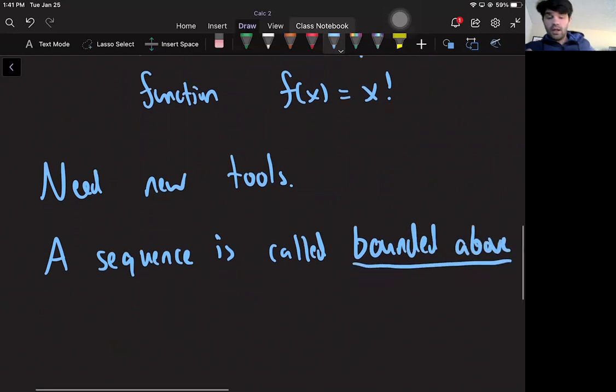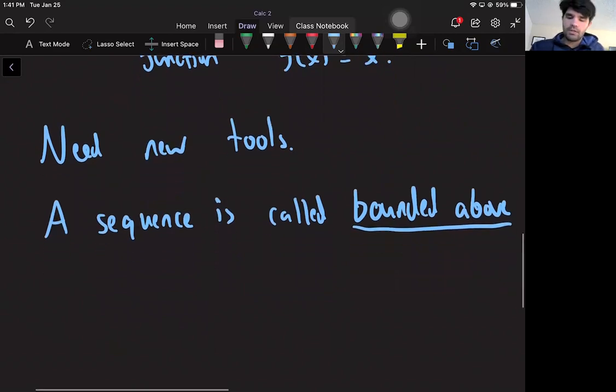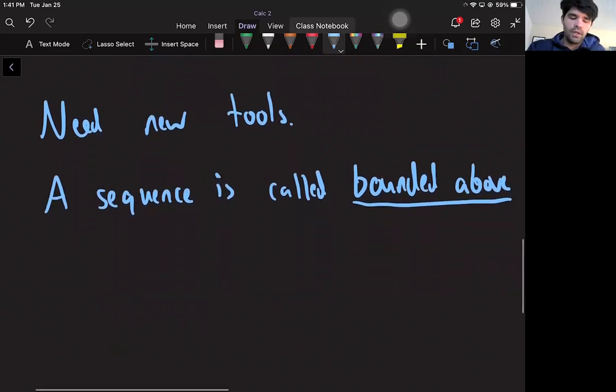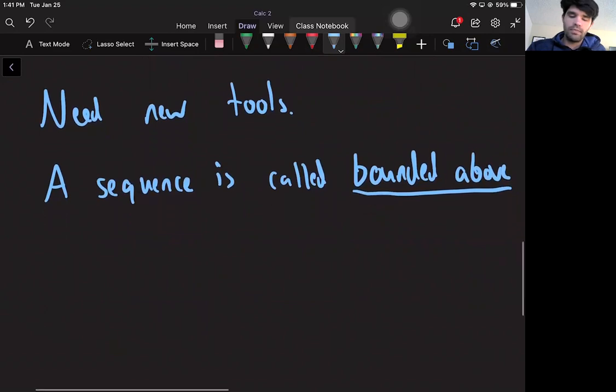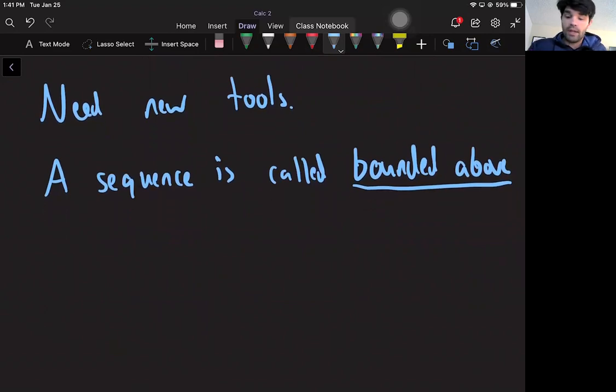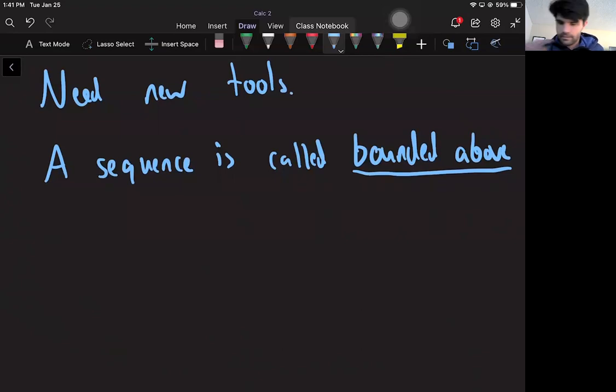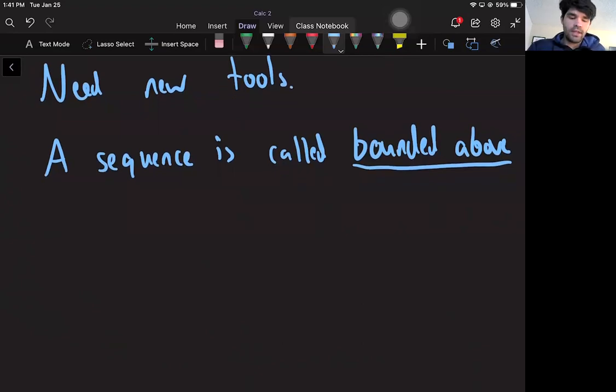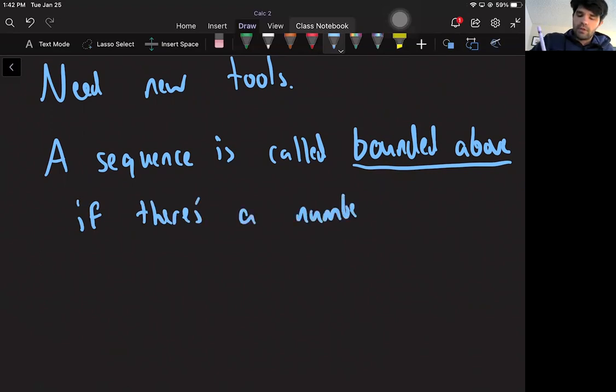So we need a nice mathy way that matches our intuition, a nice mathy way to say that something is bounded above, that matches what we think about when we say those words. What it should really mean is that everything in the sequence after a certain point is smaller than something. So how do we say that? If there's a number, this magic number that's so big that it's bigger than everything in the sequence after some point, we'll call it M.